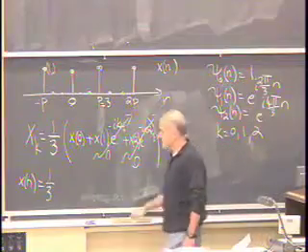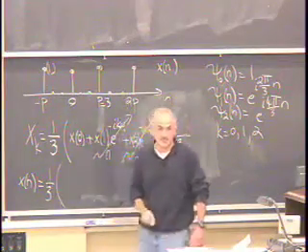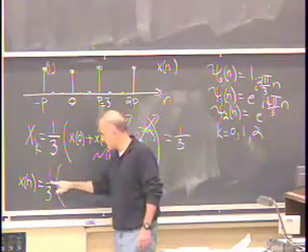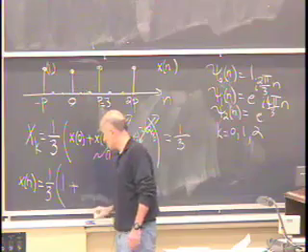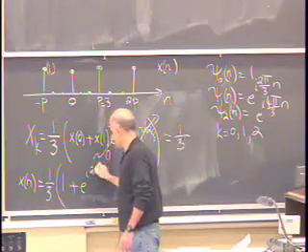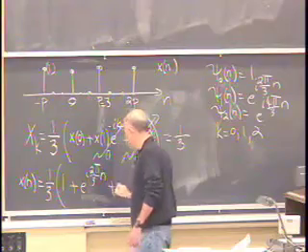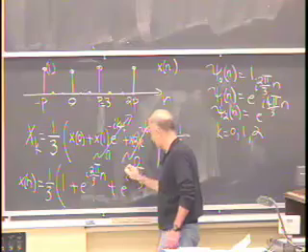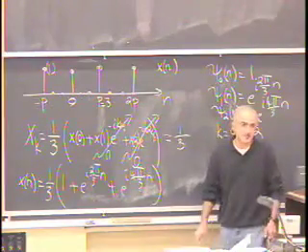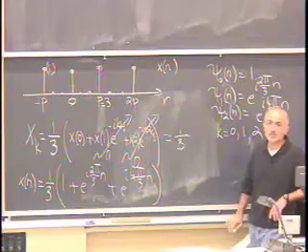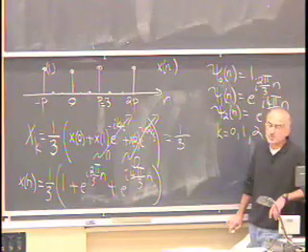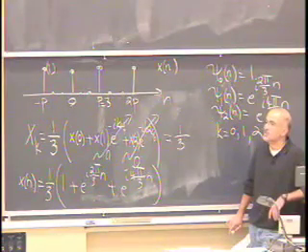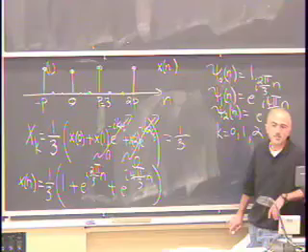Now, it seems very bizarre that such a simple-looking signal can actually be written as a linear combination of 1 plus e to the i 2 pi over 3 n plus e to the i 4 pi over 3 n. But it can, and it is expandable. Why in the world would we want to do this? Why would we want to decompose a signal into complex exponentials?